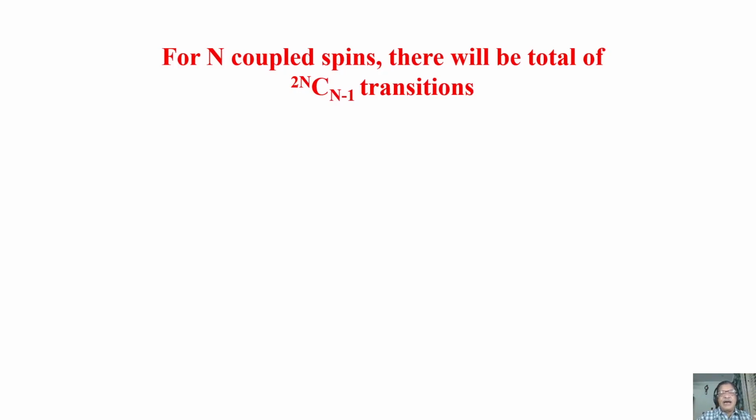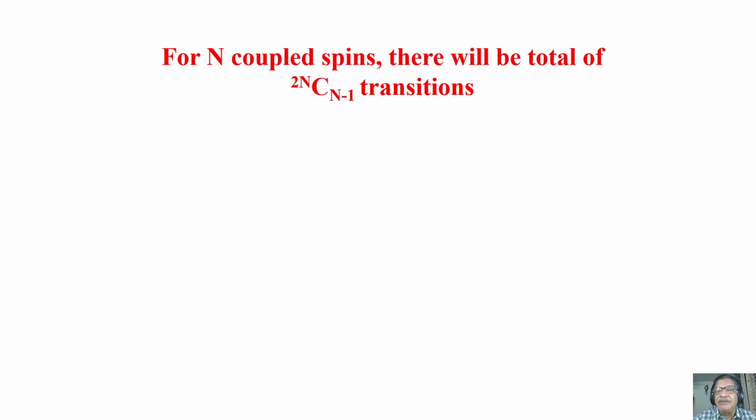Logically, I wanted to tell you when we have two coupled spin systems, we got four peaks. When we have one spin system, we got one peak. And remember, when we were calculating the number of possible transitions in a three coupled spin system, I said we are going to get 12 peaks.